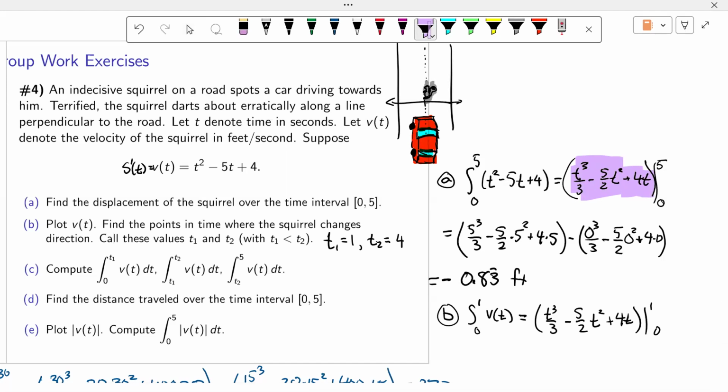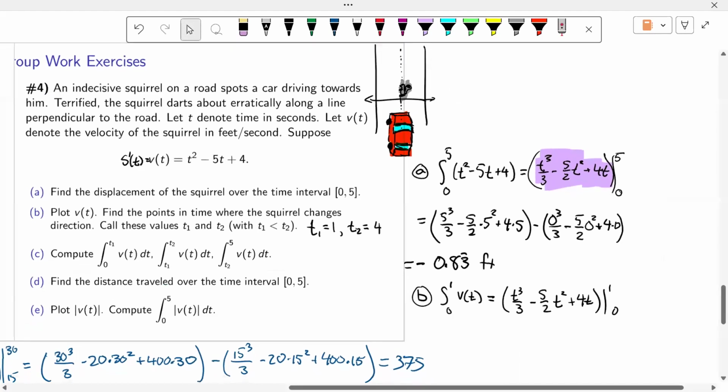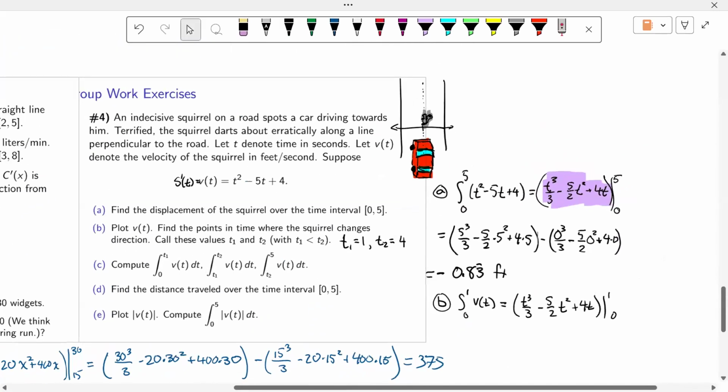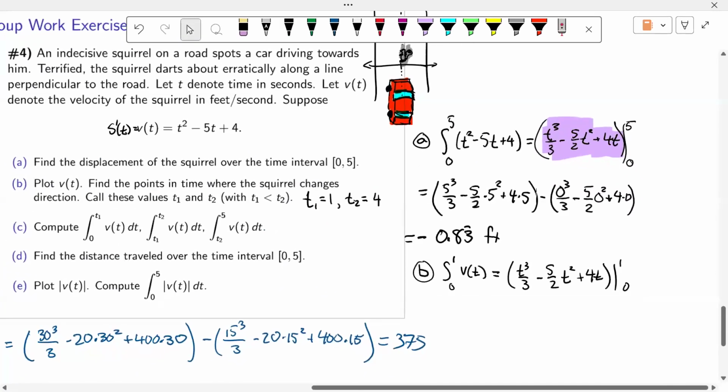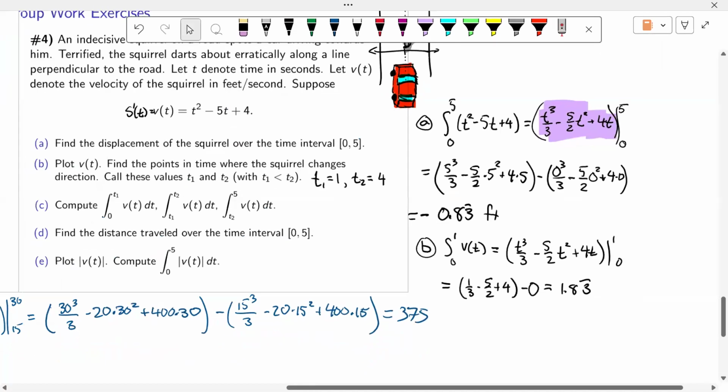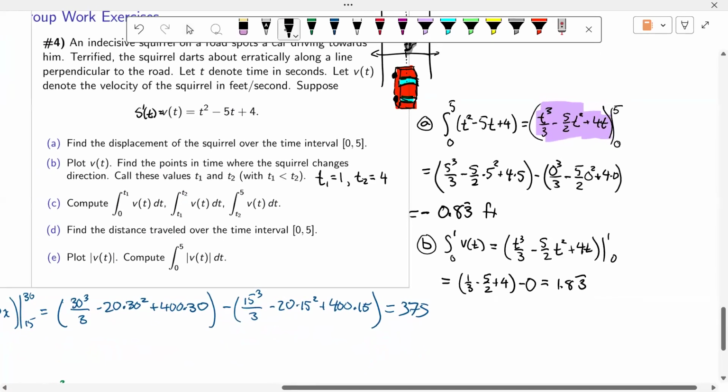And that's it. I wonder what that simplifies to. 1.83 repeating. That's what I got for that first integral. And I can try doing it for the rest of these.